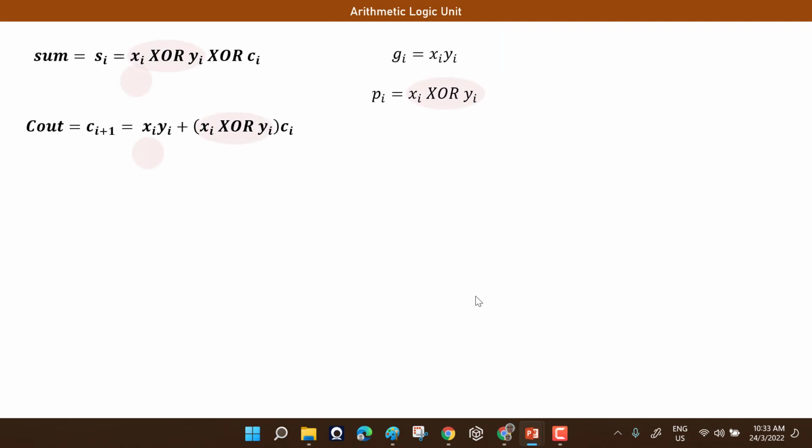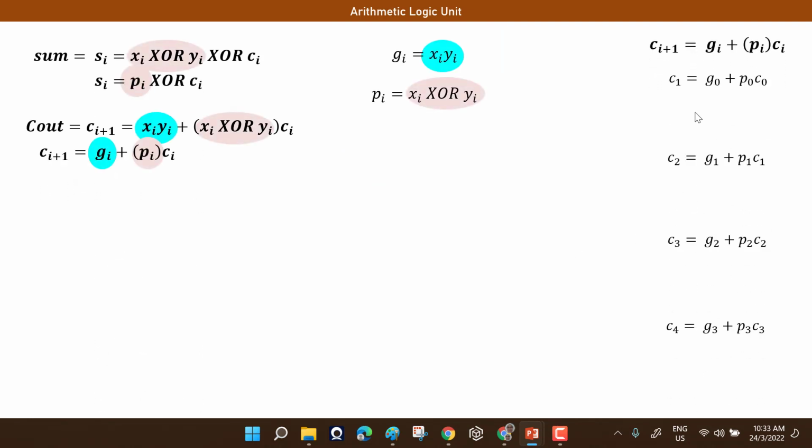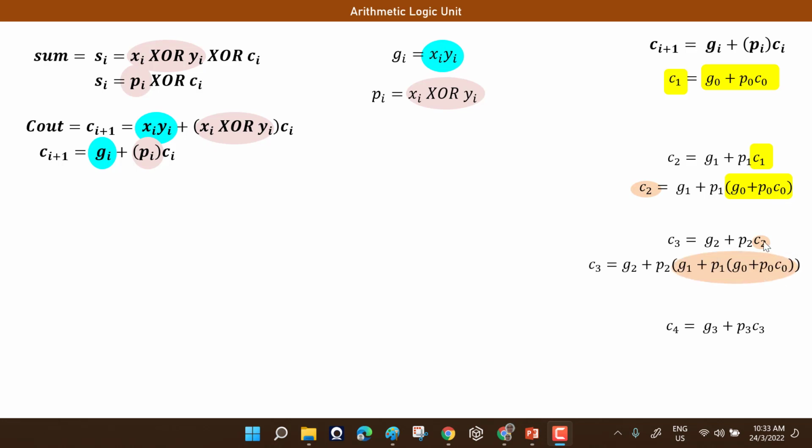So that is why this equation comes in. You see, at the first cycle, we depend only on C1. But when it comes to the second cycle, this is where you predict at the first stage. Come into the third cycle. The third cycle will depend on the second cycle, which comes from the first cycle here, and the first cycle is this item. G out, G generated, P propagated, yeah?